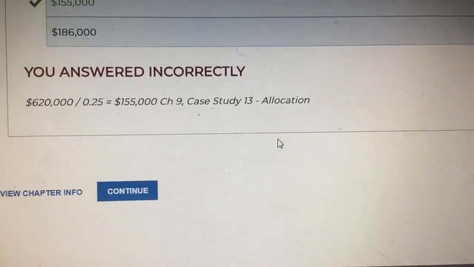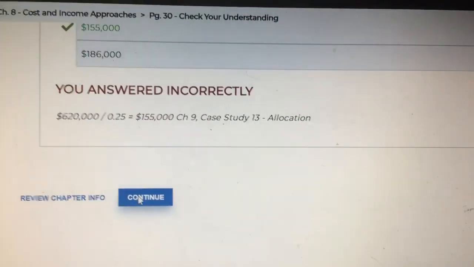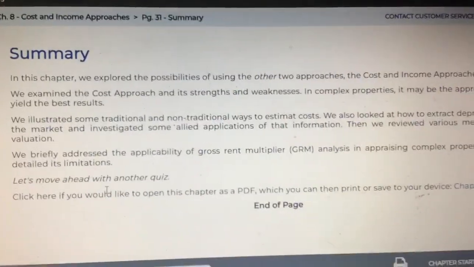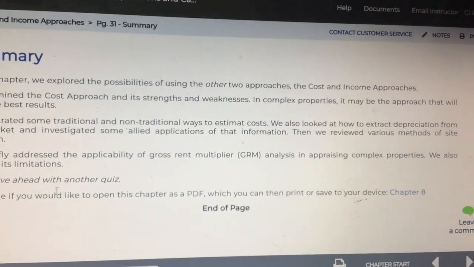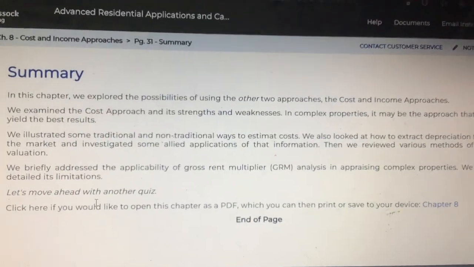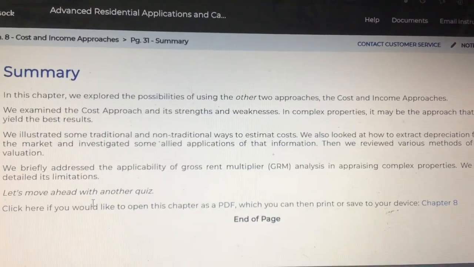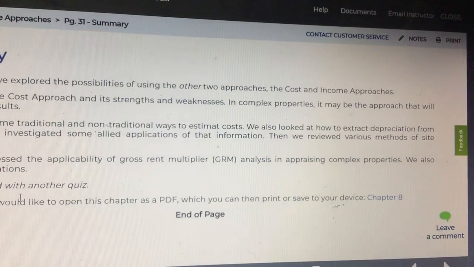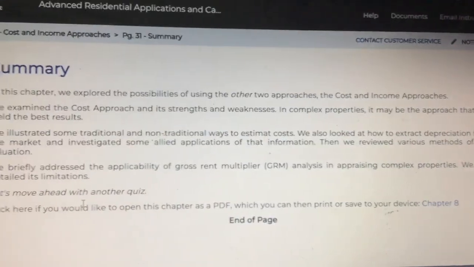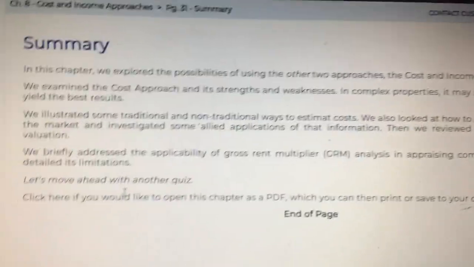Anyway, that's case study 13, allocation method. Continue. Summary. In this chapter, we explore the possibilities of using the other two approaches, the cost and income approaches. We examine the cost approach and its strengths and weaknesses. In complex properties, it may be the approach that will yield the best results.